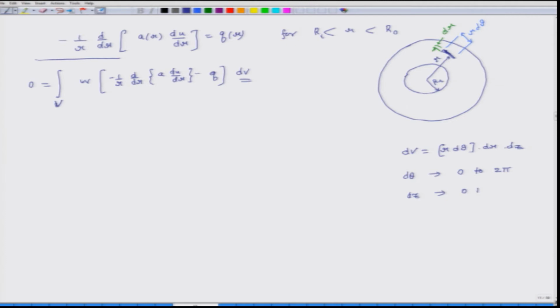If it is L, then I can make it 0 to L. So, when I integrate on z, the limits will be 0 to 1, because dV has d theta, dr and dz. So, I will have 3 successive integrals, and when I am integrating on r, I am discretizing this whole radius Ri into small elements, from Ra to Rb.